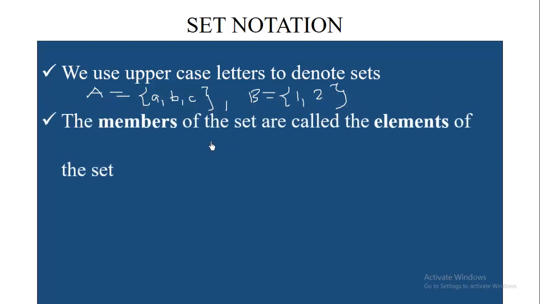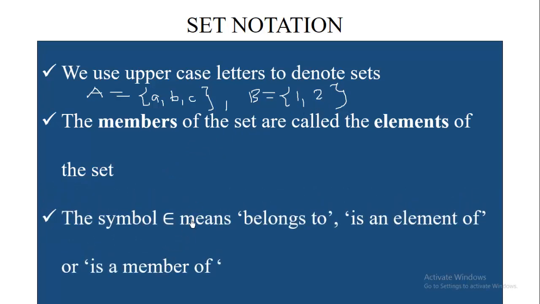Then the members of the set are called the elements of the set, or the elements are the same as the members. So the elements of set A are a, b, and c, and the elements of set B are 1 and 2. Then we use this symbol to denote belongingness, that this is an element of or is a member of.